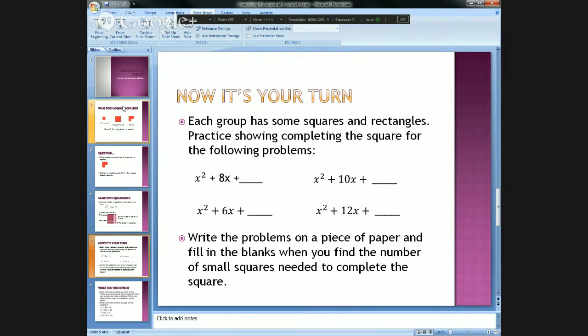That works every time. So algebraically, this is the b term over 2 squared. Gives us that number. That's the one. Algebraically, that's what works.